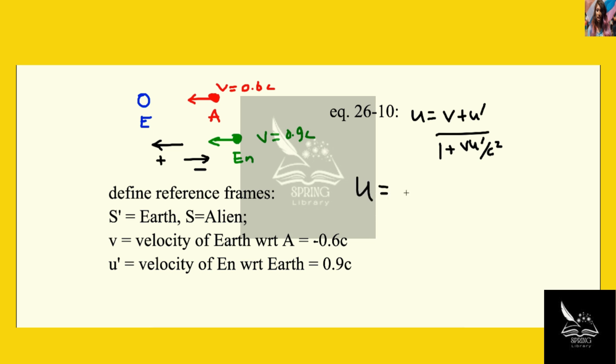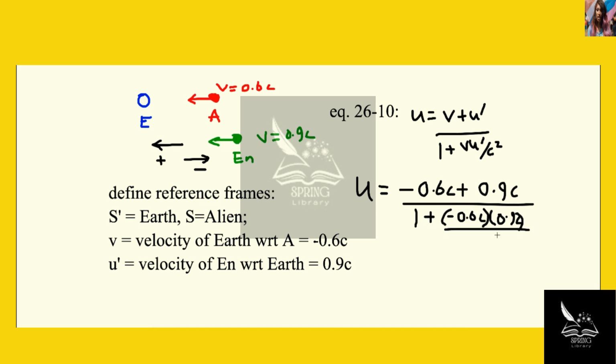You have u equals negative 0.6 c plus 0.9 c over 1 plus negative 0.6 c times 0.9 c over c squared.